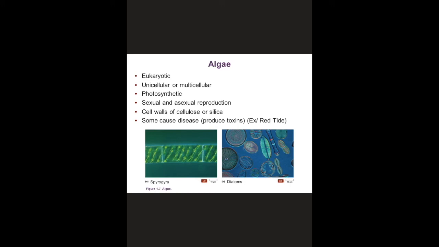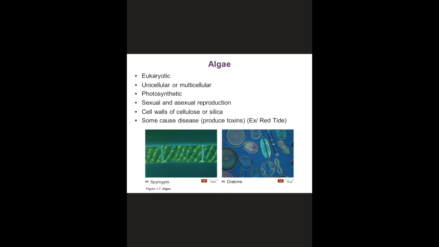Now, algae are photosynthetic, so these are sort of the precursors to plants. As protozoans were sort of the proto-animals, these are sort of the proto-plants. And as you can see, they can have beautiful patterns. These are derived from their cell walls. So these actually do have cell walls. In the case of the diatoms here, their cell walls are made out of silica or glass. They're really beautiful to look at under a microscope. And in this case, you can see the green of the chlorophyll for photosynthesis. And these would have cell walls made out of cellulose, similar to plants.